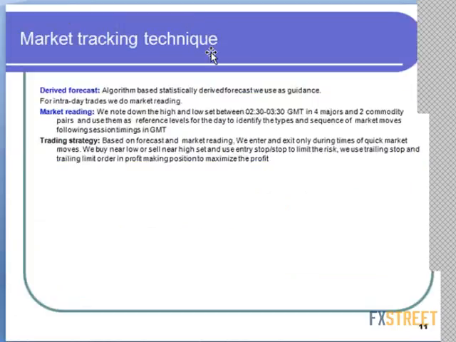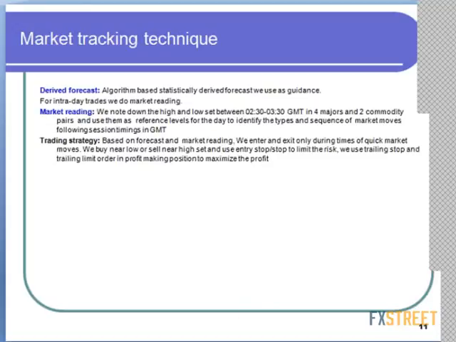So first of all, in order to effectively make our trading decision as quickly as possible, we need to have the derived forecast. See, after 12 years of postdoctoral work in the various markets, I developed an algorithm, a sequential statistical calculation, with which I am able to give the forecast of the market.